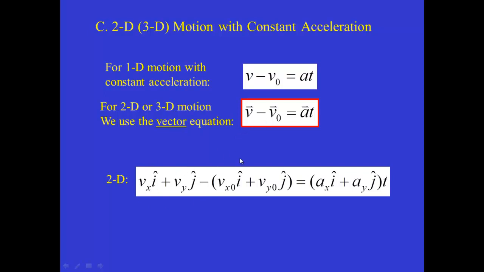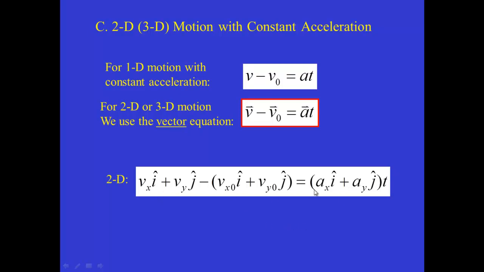And now we subtract off the same kind of quantity, but we add a 0 to the subscript so that the x component of the initial velocity is vx0. The y component would be vy0. And finally, the right-hand side would just have the general vector a times t. So ax i hat plus ay j hat times t.